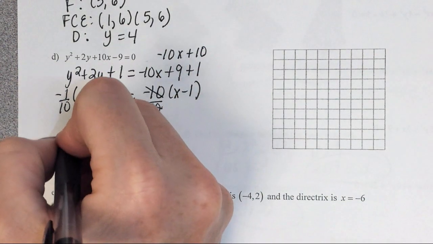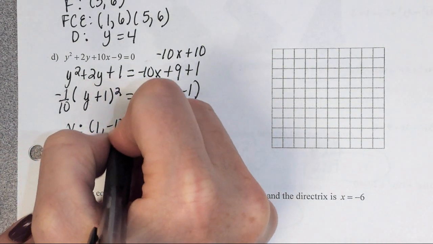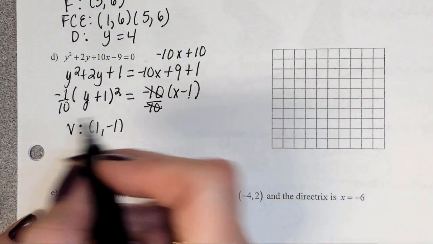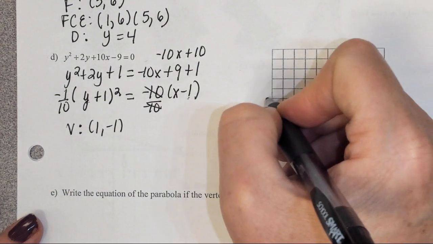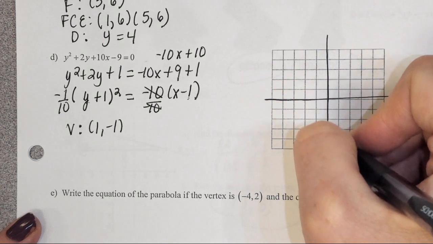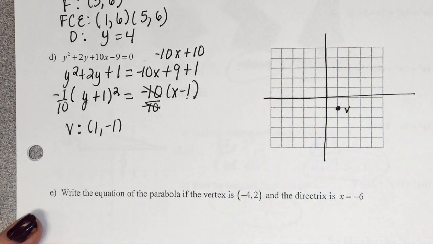Okay, so what's the vertex going to be? 1, negative 1. Good. Make sure you go x, y, x, y. Okay. So I'm going to go ahead and plot that. There's our vertex.